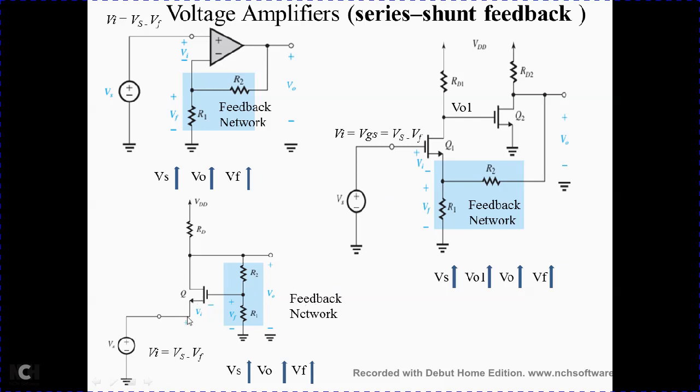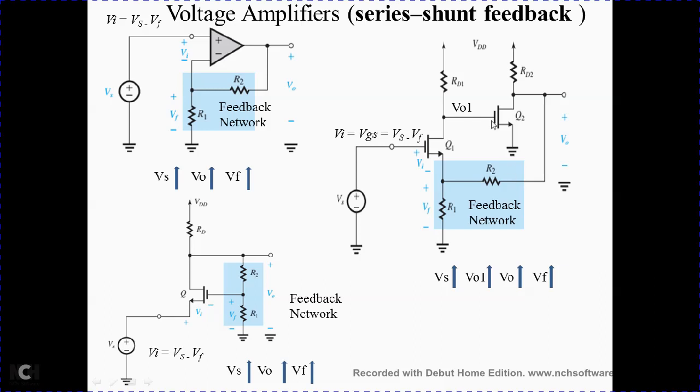And you can see this is a common gate configuration because the gate is connected to ground, and the input is applied to the source here and the drain is taken as the output. So in this case, whenever Vs increases, the input voltage increases, the output also starts increasing. When the output increases, again by the voltage divider rule, Vf starts increasing.